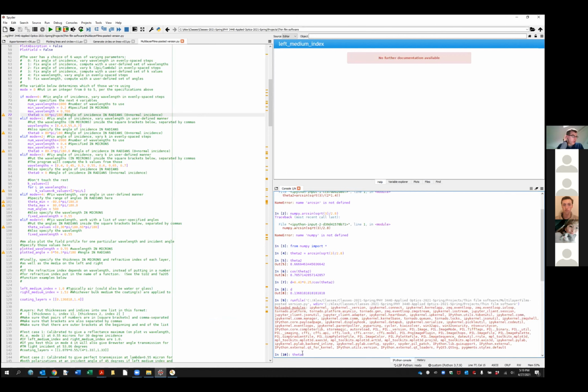Theta 2 is, well, let's see here. Sine of 60 degrees is √3/4. 0.5 times the square root of 3 divided by 1.4.